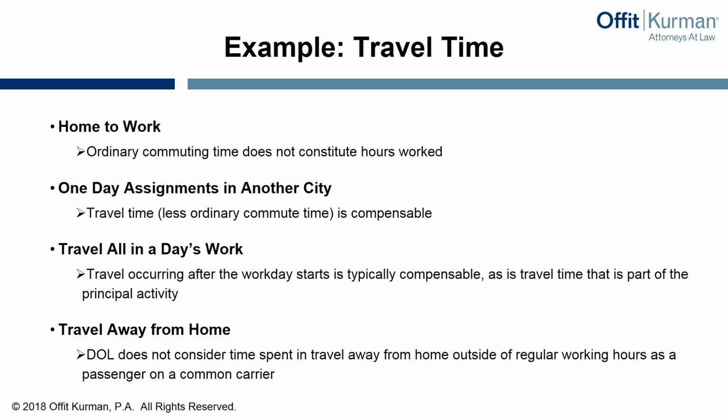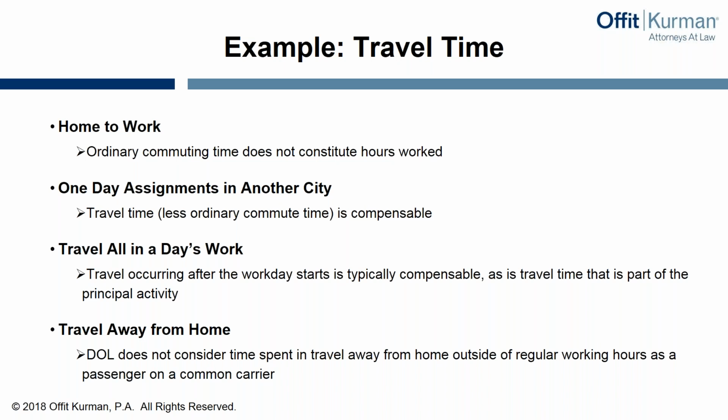So if a non-exempt employee's regular hours are from 9 to 5 Monday through Friday, out of town overnight travel that occurs between 9 and 5, even on a weekend, would be compensable time. If the travel occurs outside of the regular working hours of 9 to 5, whether it's a weekend or a weekday, the travel would not be compensable time.